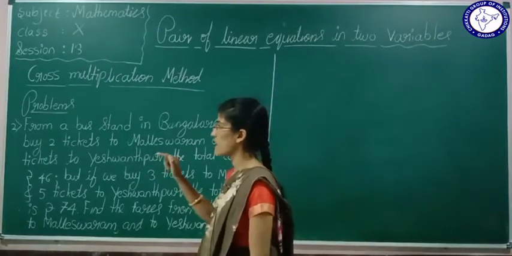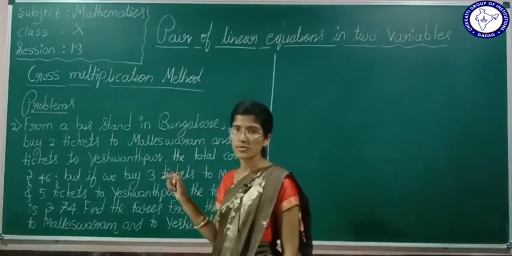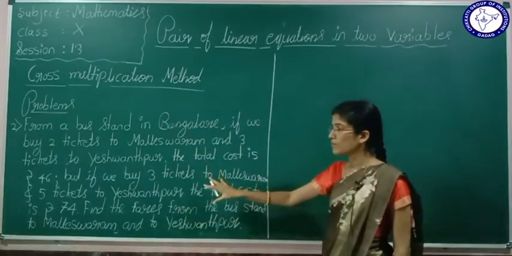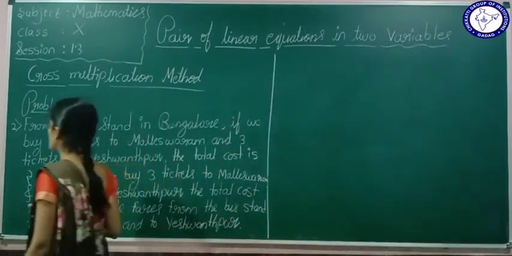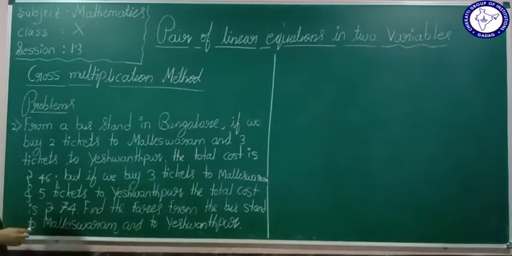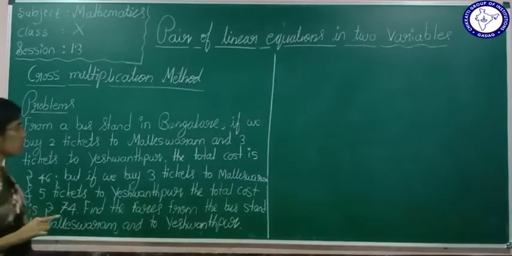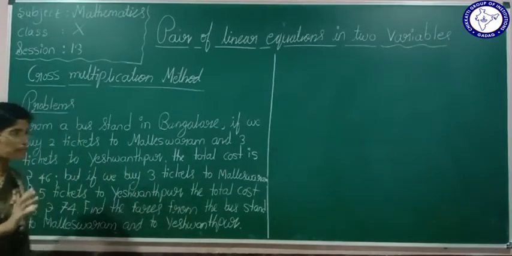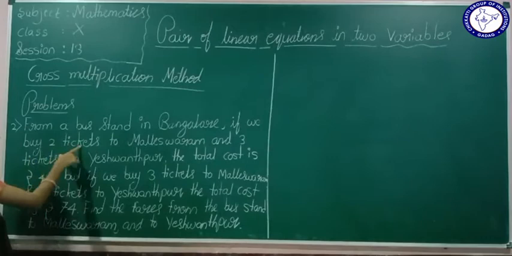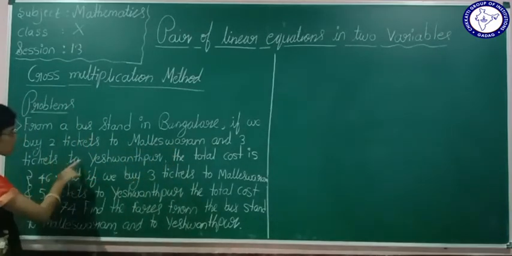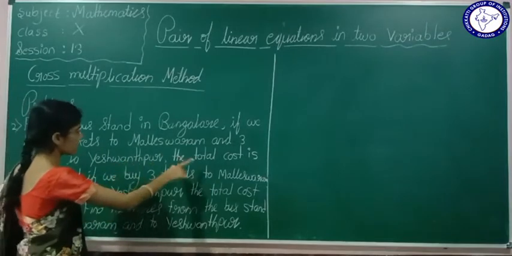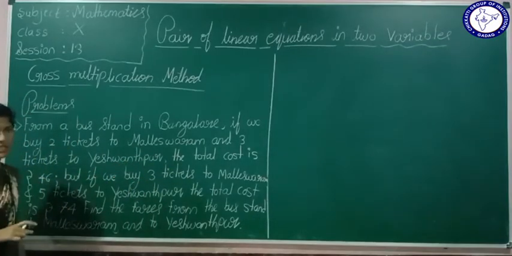In the last class, we solved the first two problems. This is problem number 2. It tells us that from a bus stand in Bangalore, if we buy 2 tickets to Malleshwaram and 3 tickets to Yashwantpur, the total cost is rupees 46.